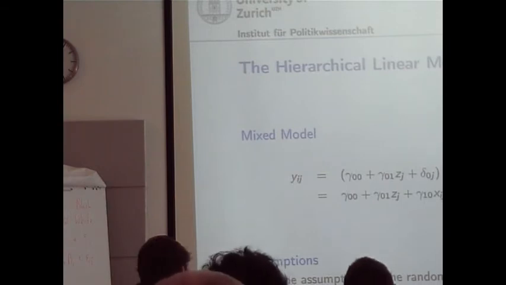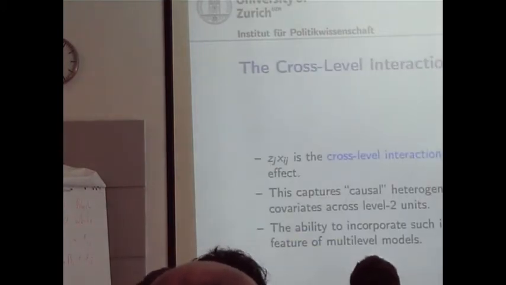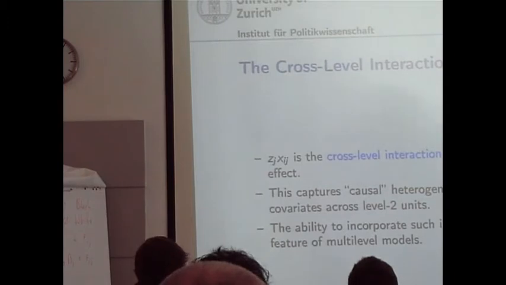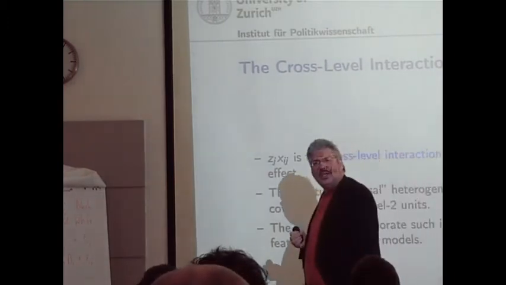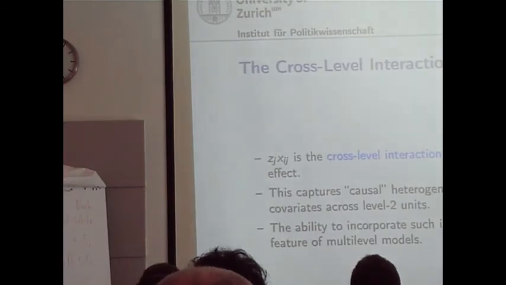It actually looks very similar to what we had before. The only thing we have changed is we now have a main effect of Zj, and we have an interaction between Zj and Xij. This interaction between Zj and Xij is known as a cross-level interaction, because we have a predictor at level 2 interacted with a predictor at level 1, so we're crossing levels.